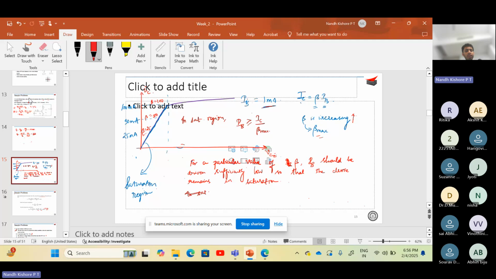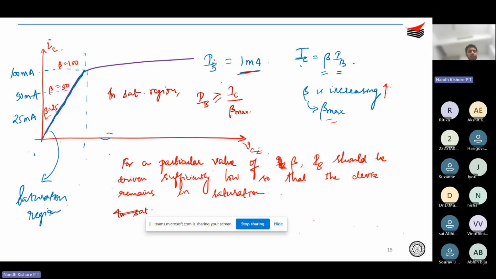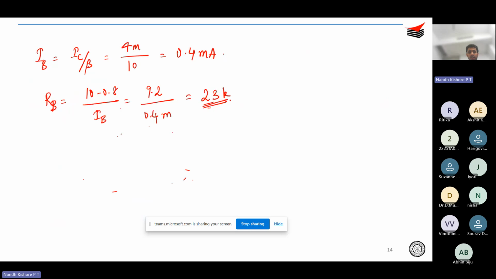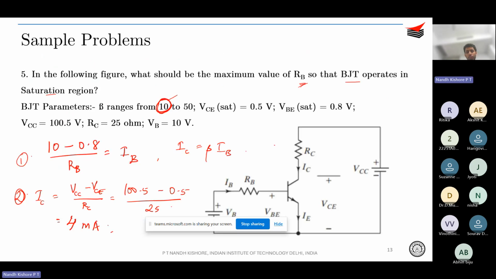The point is that for the device to operate in the saturation region, for a particular value of IB, since IC equal to beta times IB, you will observe that the beta value is lesser and lesser for lesser values of IC. The question is that you want to put a sufficiently high value of RB so that my IB is also minimum and ensure that the device is in saturation region.